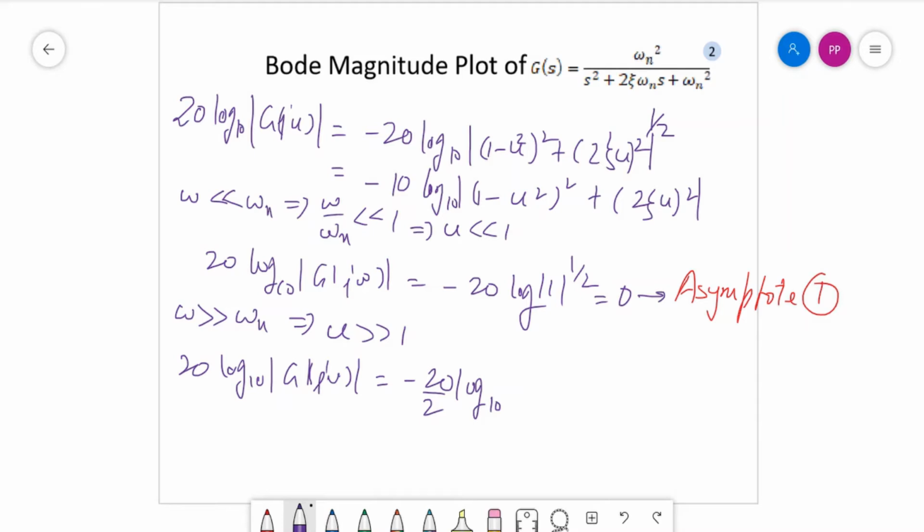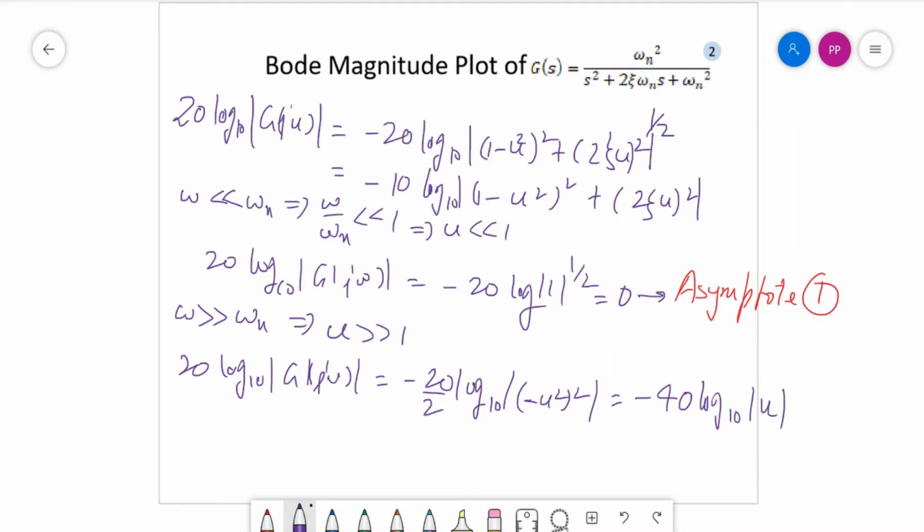Here, in the first term, for the real part of the complex number, u will dominate, and this u will be to the power of 4. Because of that, this first term will dominate the second term, and only u to the power 4 will remain, because this becomes minus u square whole square, which eventually becomes u to the power 4. That 4 will come in front, so it becomes minus 40 log base 10 mod of u.